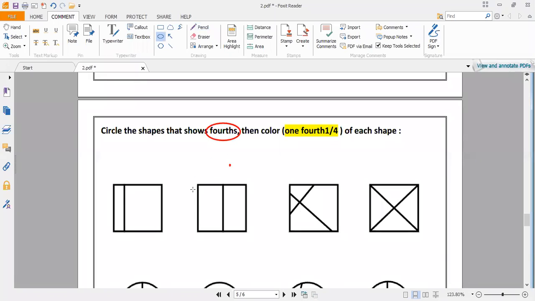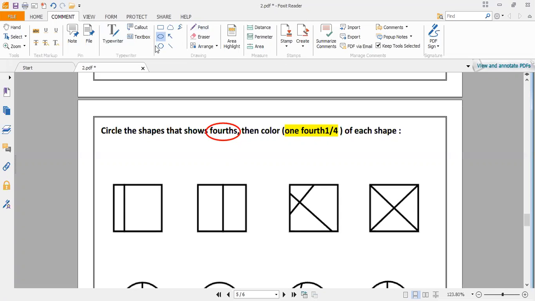So we're going to circle the shapes that show fourths. Okay, Sidra? Then color 1/4 of each shape. So we're going to choose the shape and color it, okay? 1/4 means we're going to color one part only.